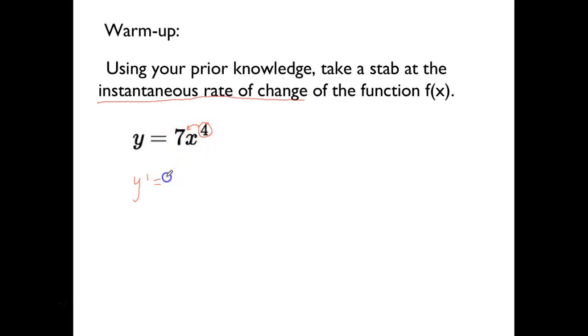We would multiply them. So it'd be 28 now. Remember, right after you bring it down, you subtract 1 from the exponent, making this 3. And that would be the derivative of that.